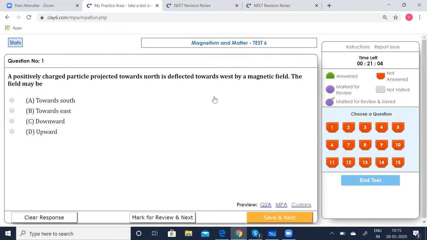The particle is projected towards north, so the thumb points north, and then the field is going to be in the upward direction. So D is the correct option. You can stretch all 3 fingers of your left hand and decide which is the correct answer.